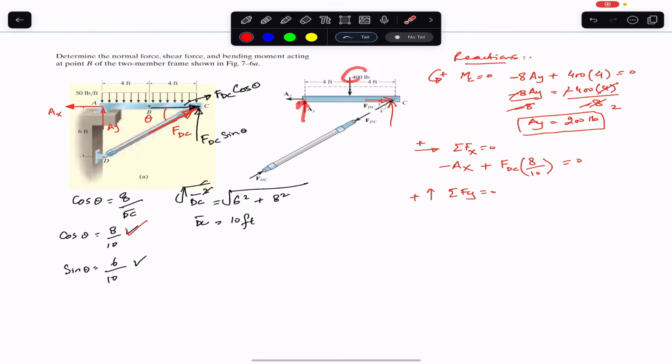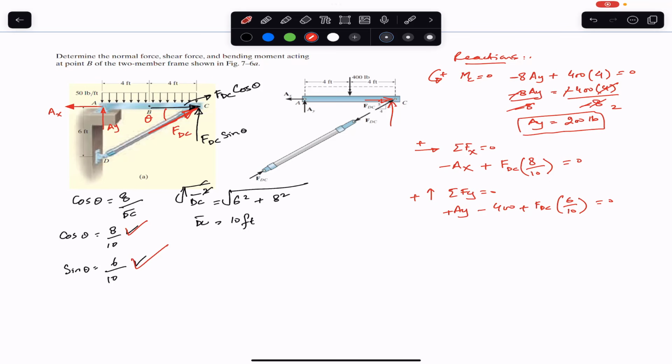This Ay is in the positive direction, so we will write plus Ay minus 400 and plus this component, which is the sine component. So we can write plus Ay minus 400 and plus FDC sine of theta. Sine of theta is 6 divided by 10. This is equal to 0.